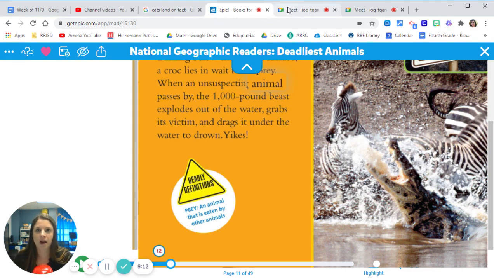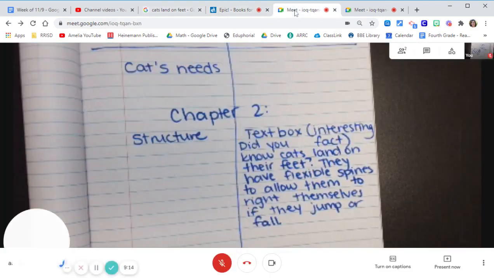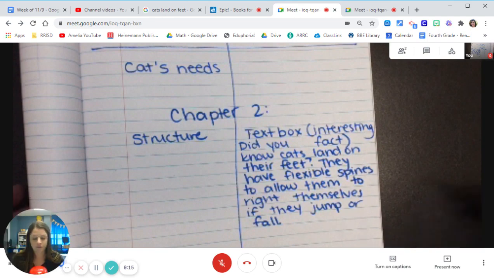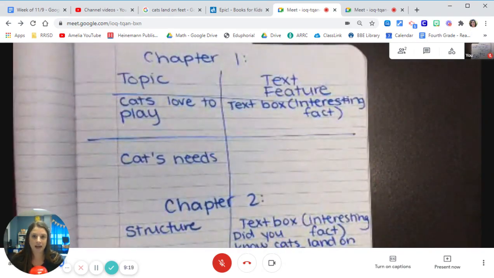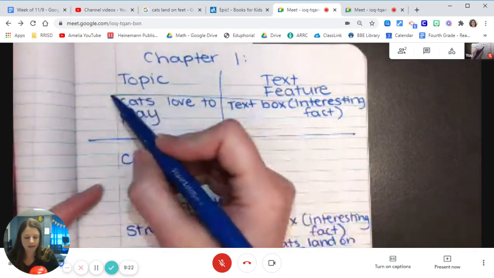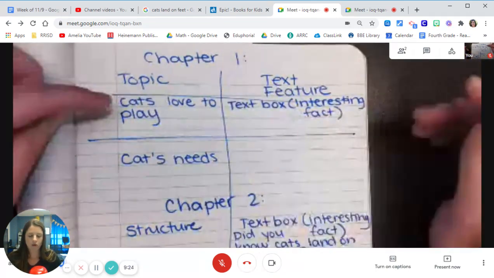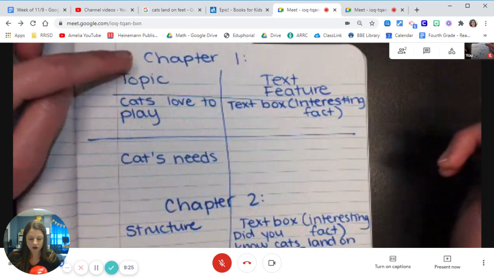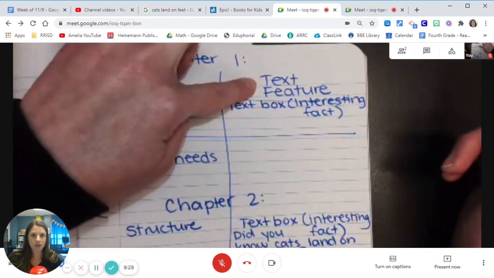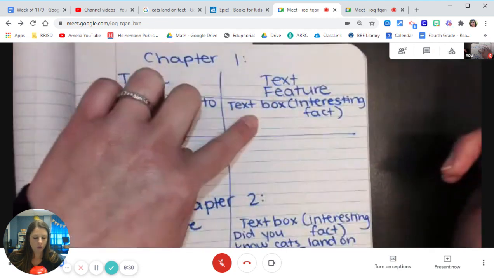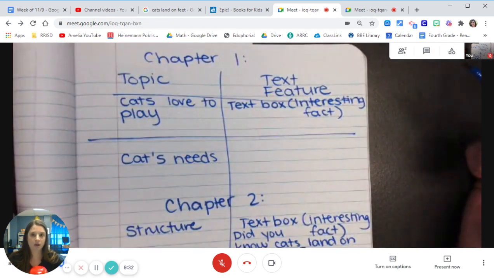So writers, as you're working and continuing on your informational text, I invite you to start planning out your text features. You can make a T-chart with your topic that's in your different chapters. And then on the right side of your T-chart, start to plan out what text features you'd like to include.